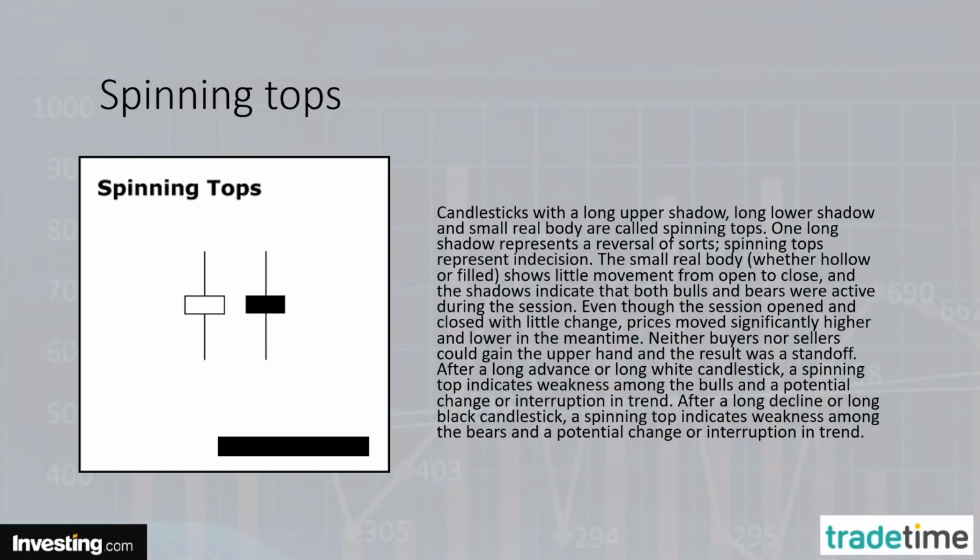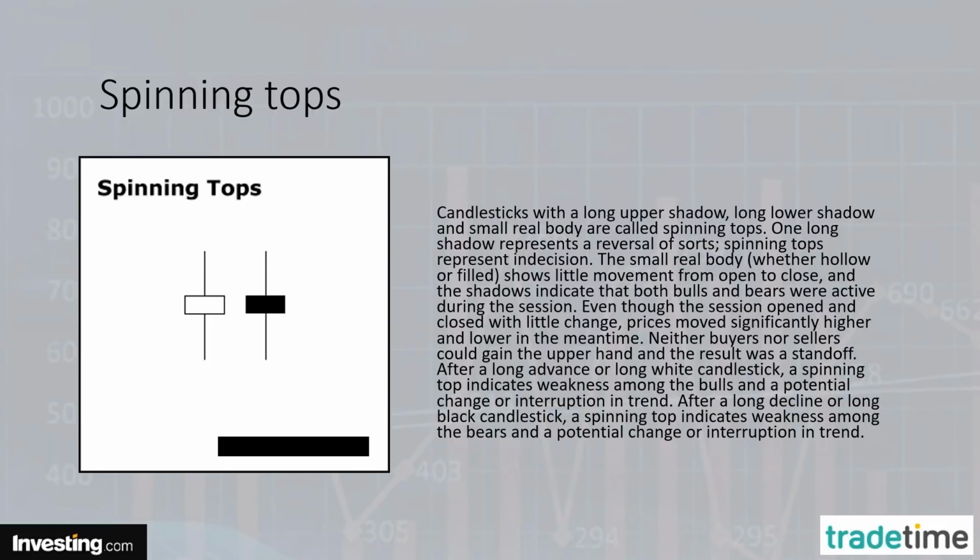Okay. And it indicates market indecisiveness. The bulls and the bears can't decide who's controlling the market at the moment. They're waiting for something. They're taking a breath. So neither the buyers nor the sellers could gain the upper hand, and the result was a standoff.